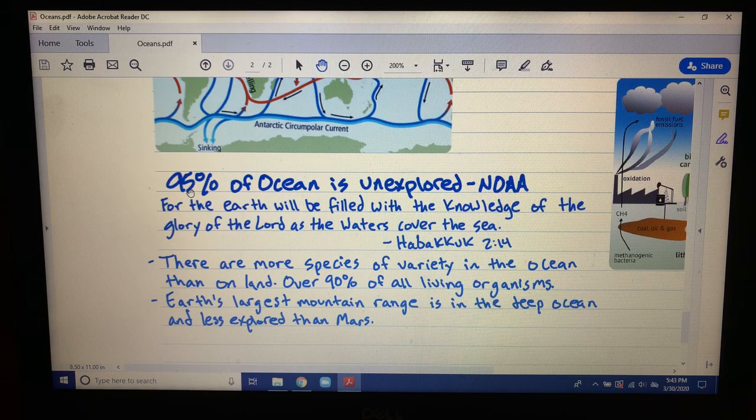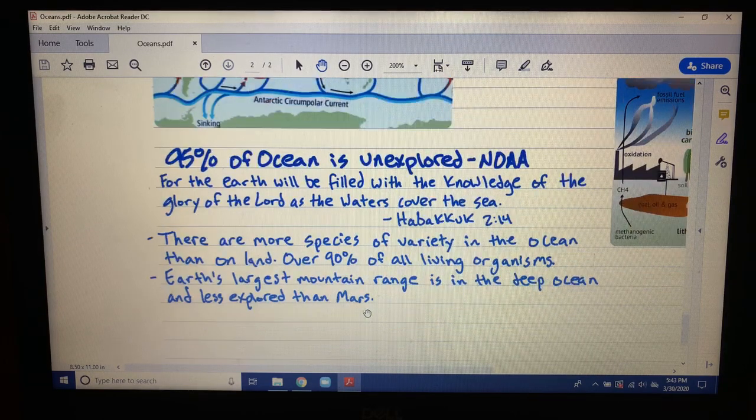And it's actually been said that we know more about outer space than we do the ocean. And I was reading that Earth's largest mountain range is in the deep ocean, and it's less explored than the planet Mars. We've spent more time studying the planet Mars than we have some of our own ocean mountain ranges, which is crazy. And then to think that there are more species of variety in the ocean than on land.